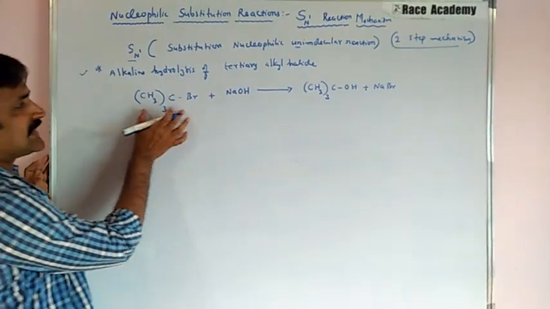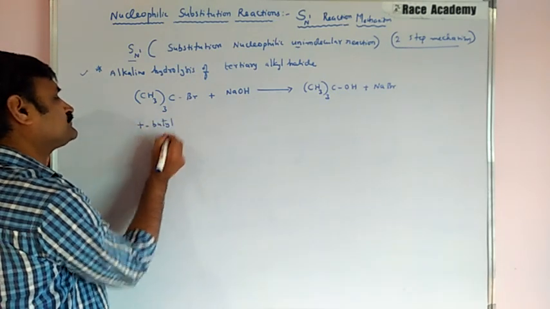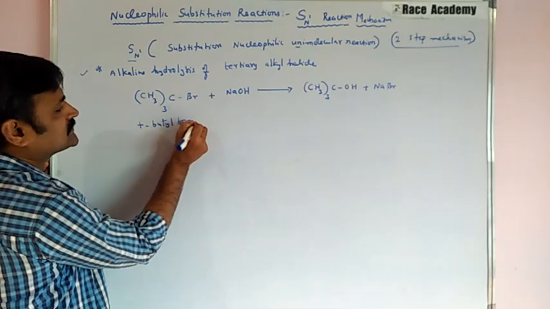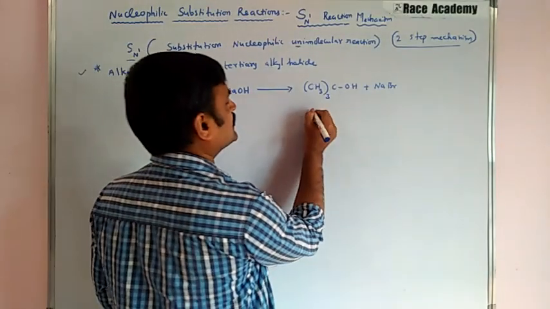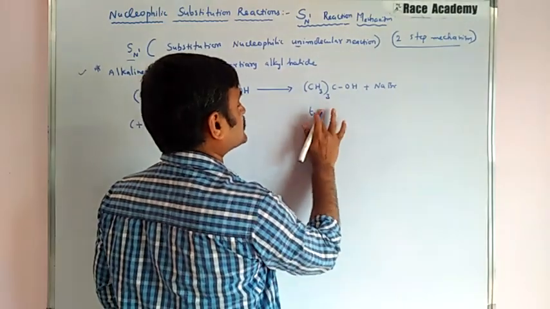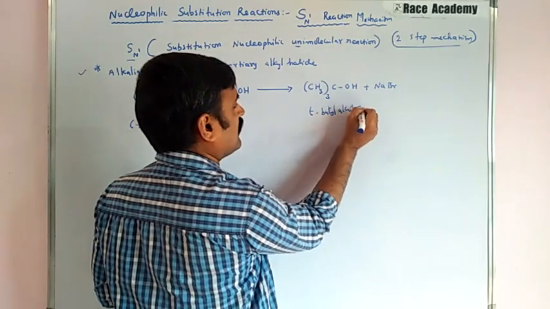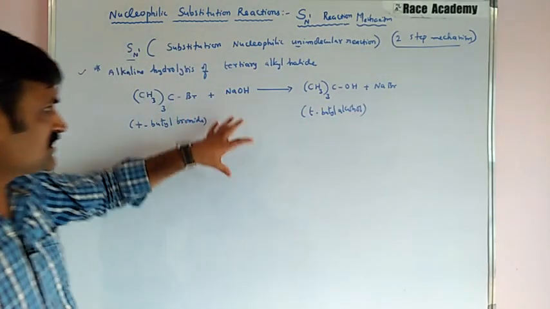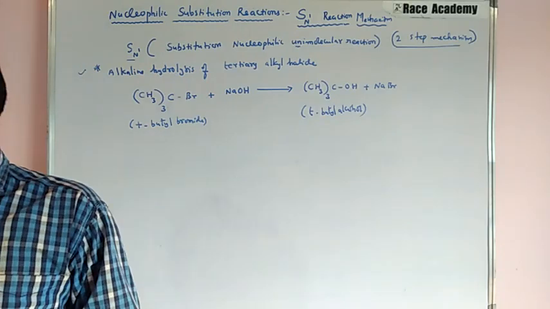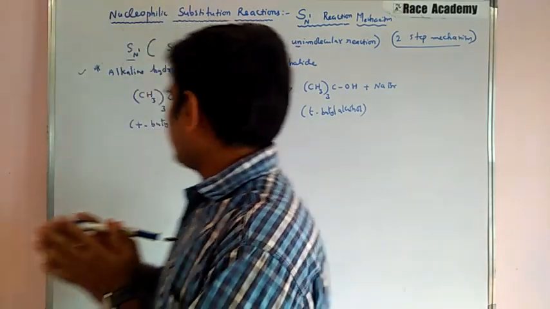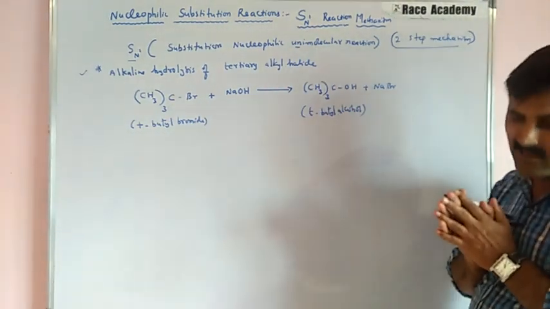(CH3)3CBr is nothing but tertiary butyl bromide. We got the product, tertiary butyl alcohol. This is the overall reaction we discuss when taking the SN1 reaction and its mechanism in the exam.